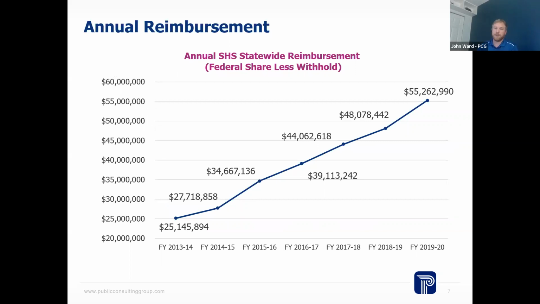Okay, so some reimbursement trends. Given everything that happened during FY20 with COVID and that impact, we always show this slide, but I feel like this slide is especially important with how FY20 went. The FY20 reimbursement number you can see there is just over 55 million.